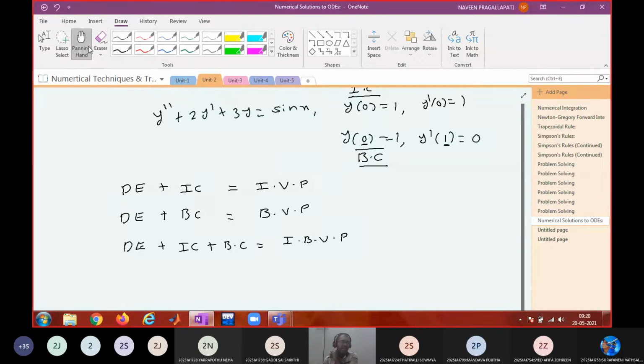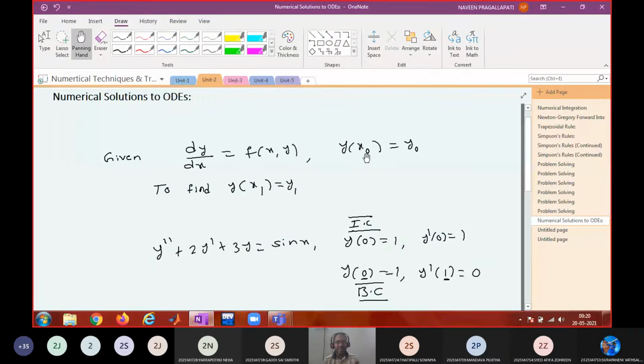Generally, you will encounter boundary value problems or initial boundary value problems in partial differential equations. Mostly, you will be seeing initial value problems in ordinary differential equations. As far as first order is concerned, when only one condition is given, only one arbitrary constant will be there in the general solution.